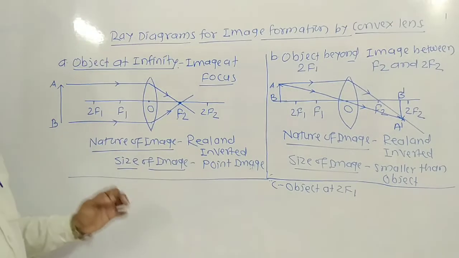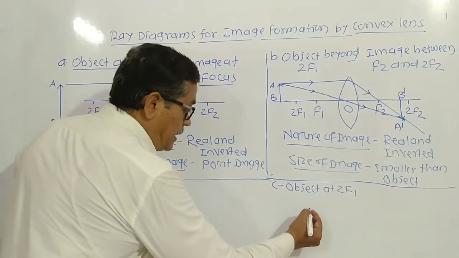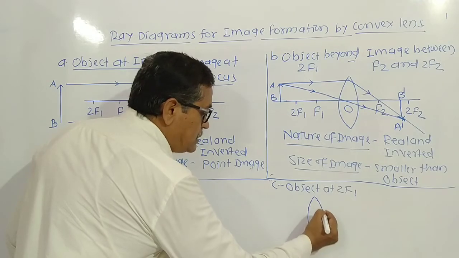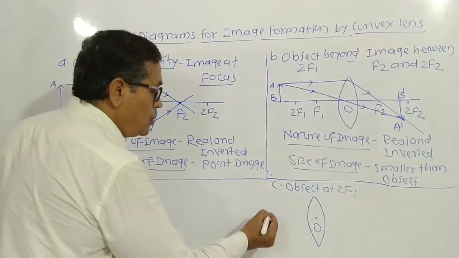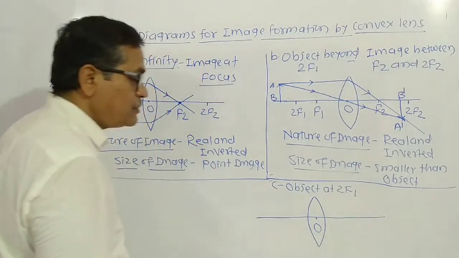Look here, this is a very important diagram. We draw the diagram. Here is the convex lens, here the optical center O, and in this way here the principal axis.